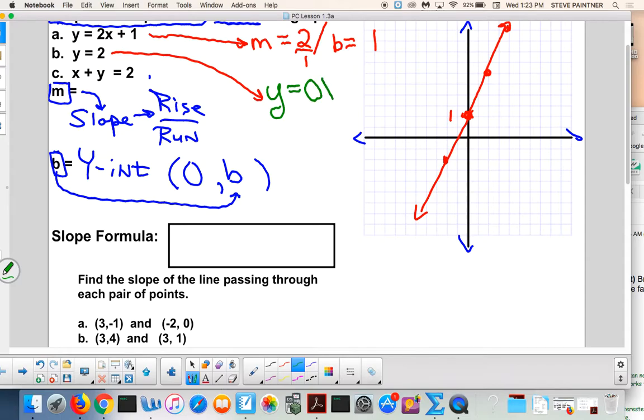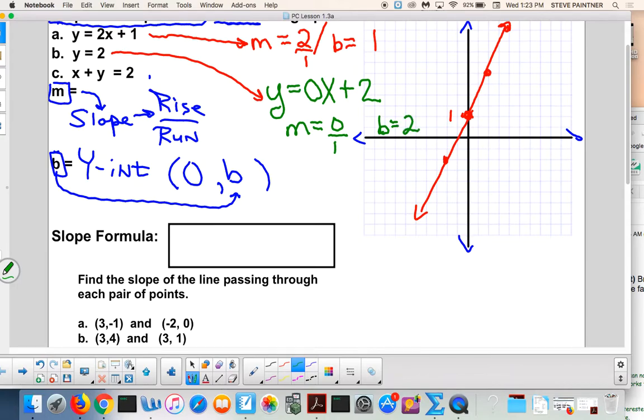Do you agree there's no x term? And then plus what? 2. Which would mean the slope is what here, guys? 0 over... Yeah, you can put any integer over 1, can't you? And then the y-intercept is what? It's a number, right? 2.